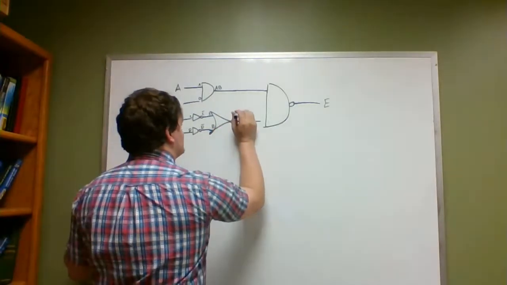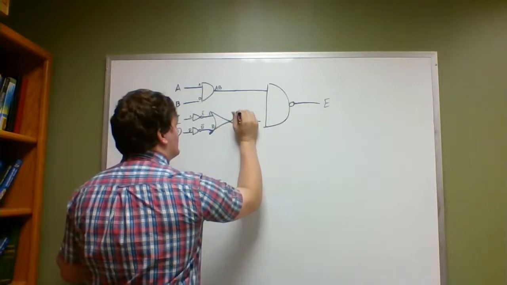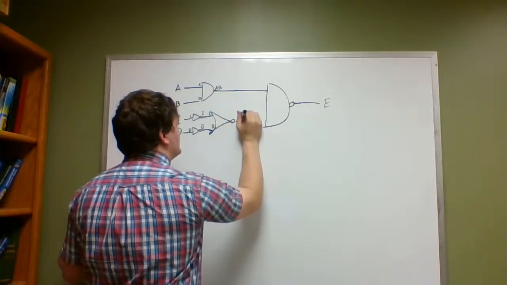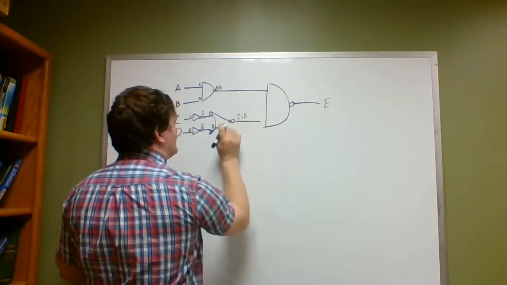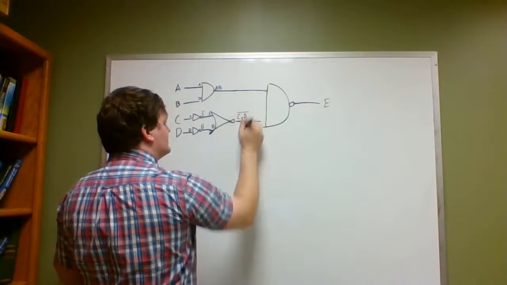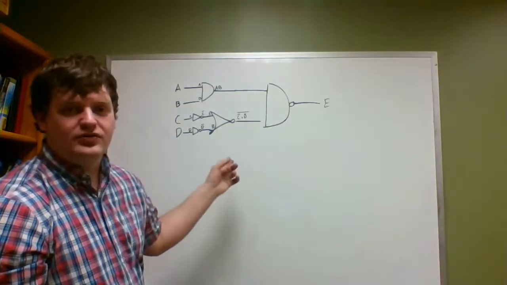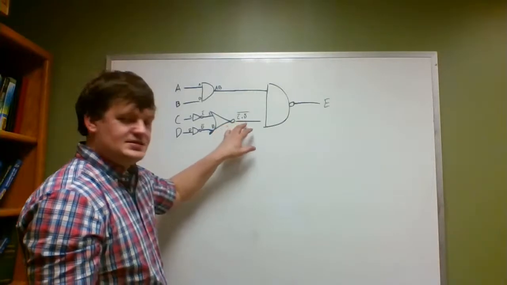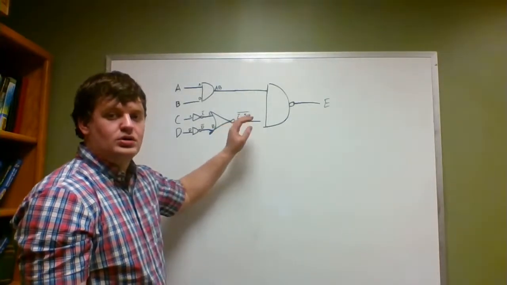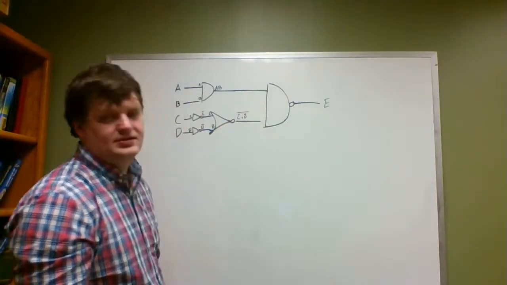Okay, so we've got C NOT, D NOT, and it's going into an OR gate. This becomes C NOT plus D NOT. And because this is a NOR gate, that becomes a NOR. I wrote that wrong first. So that is NOT (C NOT or D NOT).